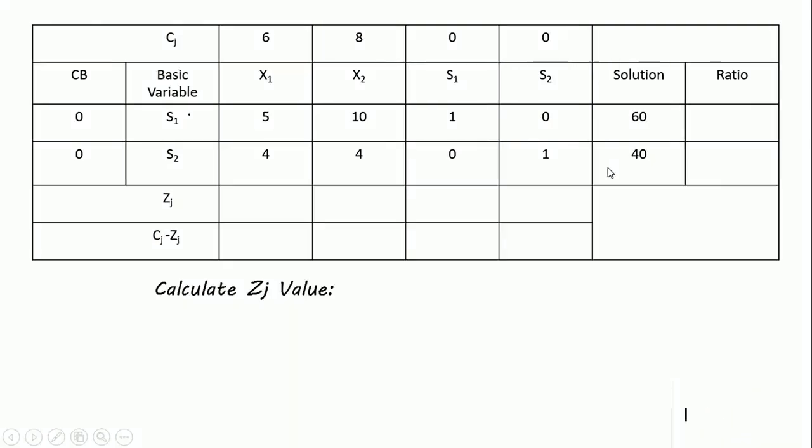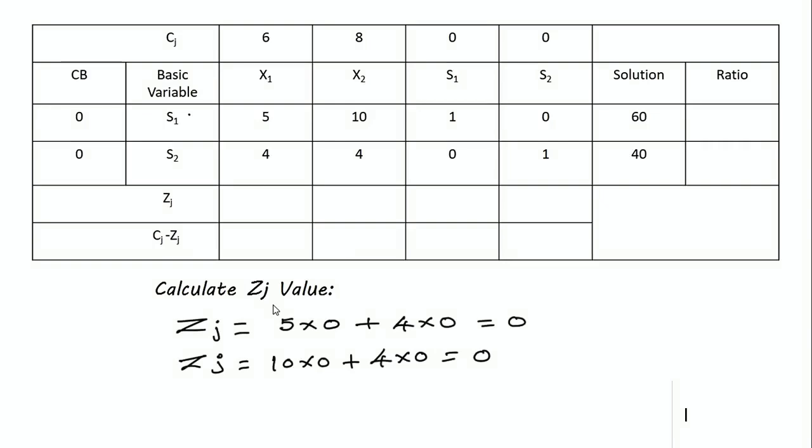Next we need to calculate the Zj value. We calculate Zj value in the following way. For example, for this value, we take 0 into 5 plus 0 into 4. The value will be 0.